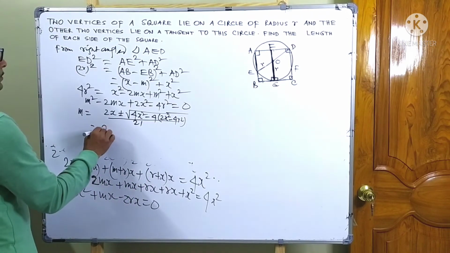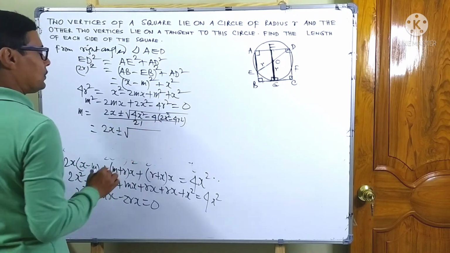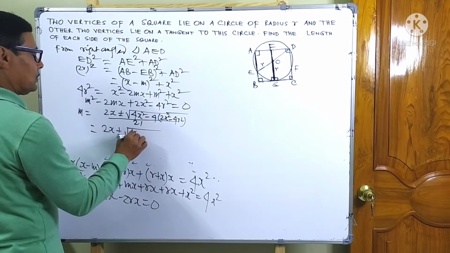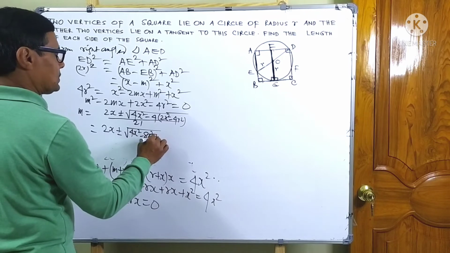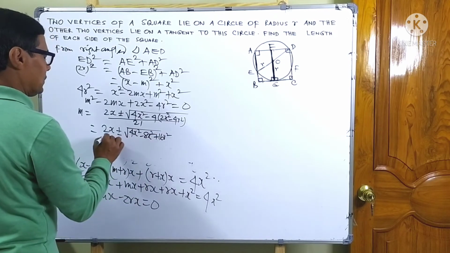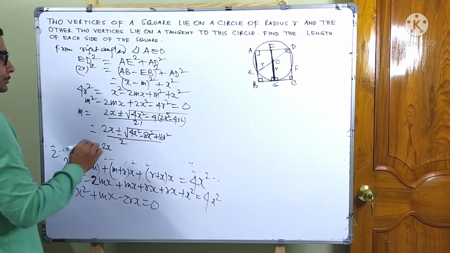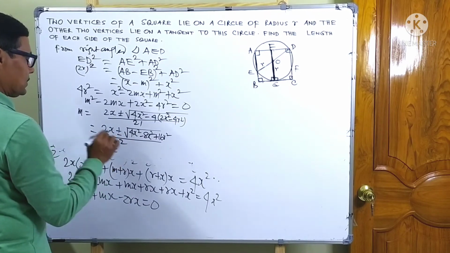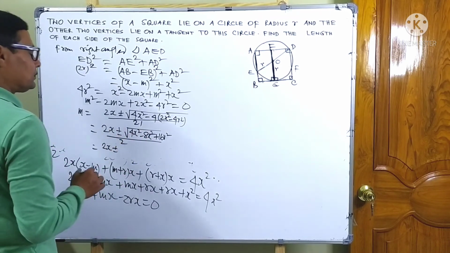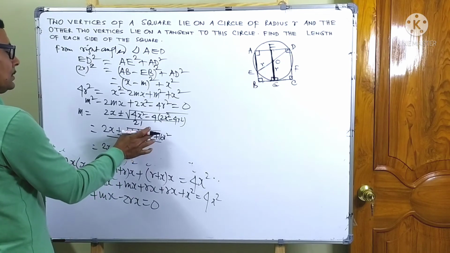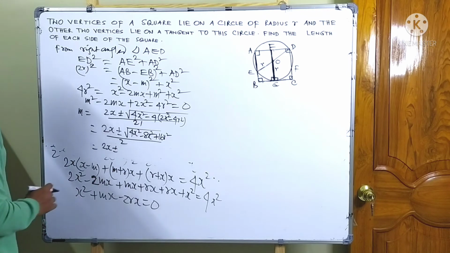This is equal to 2x plus minus root over of 4x square minus 8x square plus 16r square, over 2. We can take common factor 4 of this discriminant, and its square root is 2.